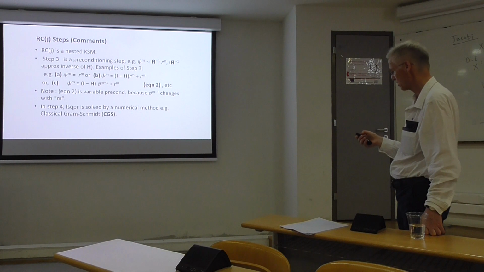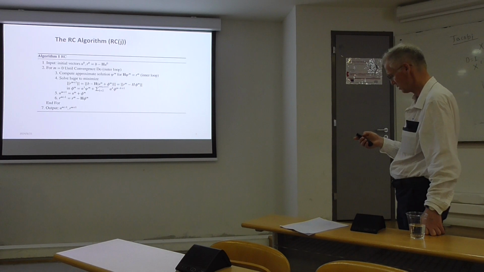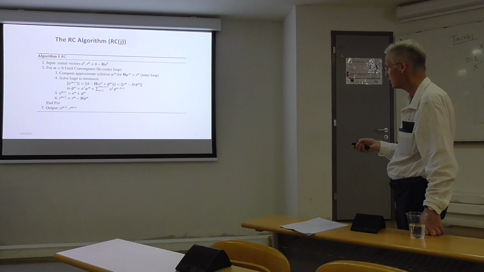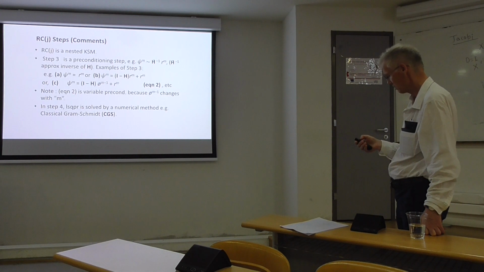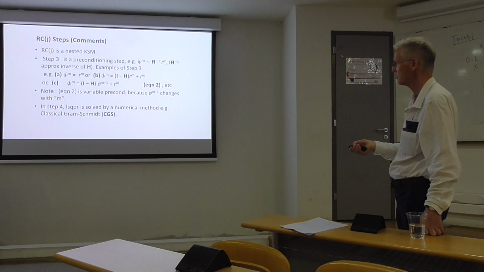Because this phi is from the previous step of the outer loop. That is, while we're solving this, at iteration m, we're using some information from the m minus 1 step.